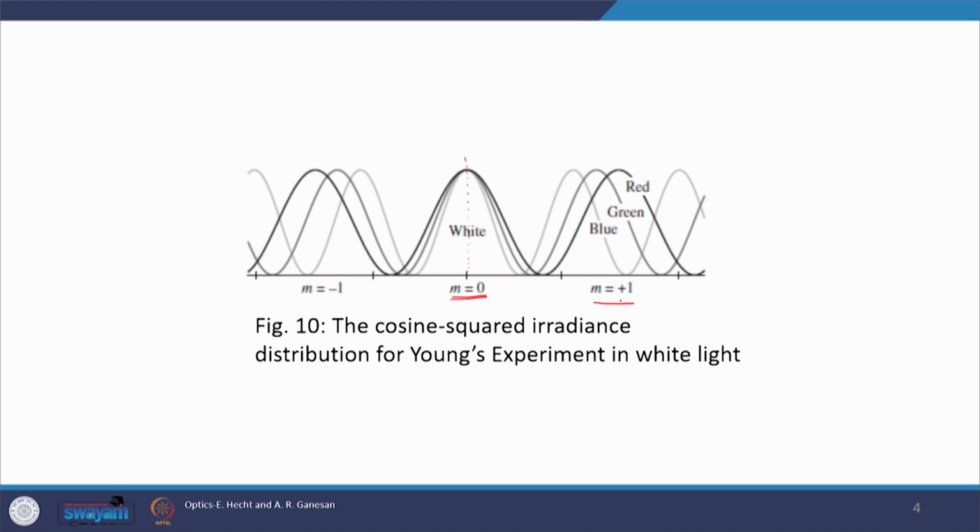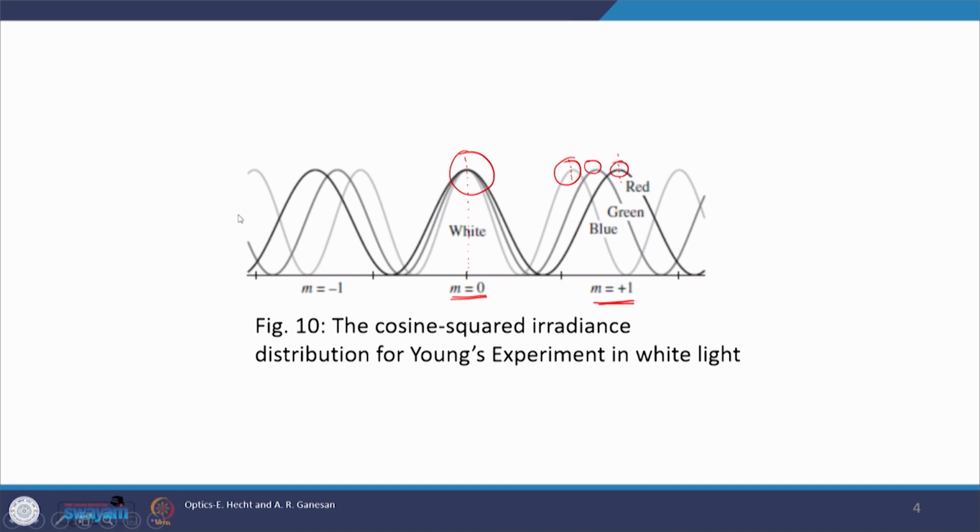Now you see, for m equal to +1, for the next order the maximum of blue forms earlier than that for red color. Therefore, in a white light interference experiment, the central fringe looks white, and in the next order fringe first blue comes, then green and then red.